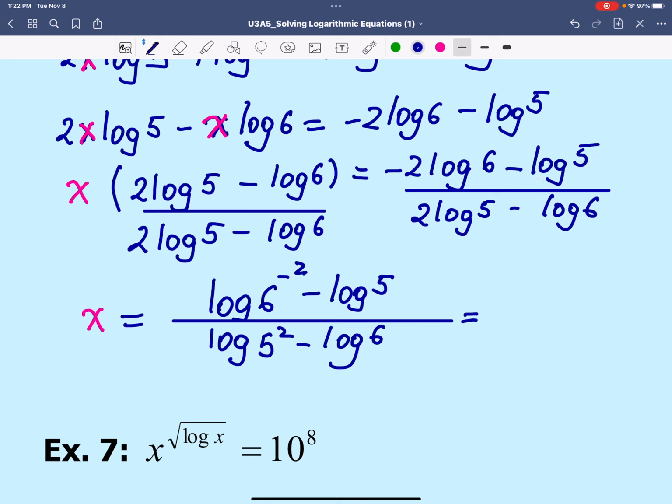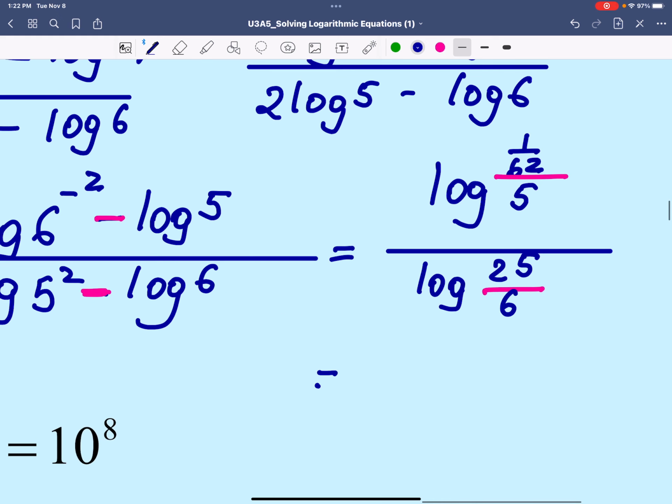And that would equal, if you simplify some more, so you have minus in between the terms, so that would be equal to log of 6 to the negative 2, which is basically 1 over 6 squared, and then divided by 5, because it's a difference between two log terms. And in the denominator, we have log of 5 squared, which is 25, and then that divided again by 6, because there is a difference between two log terms.